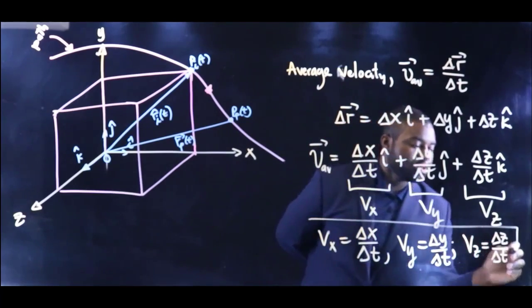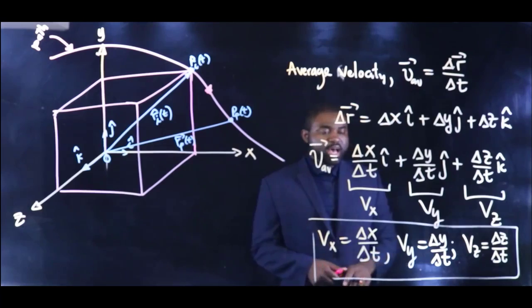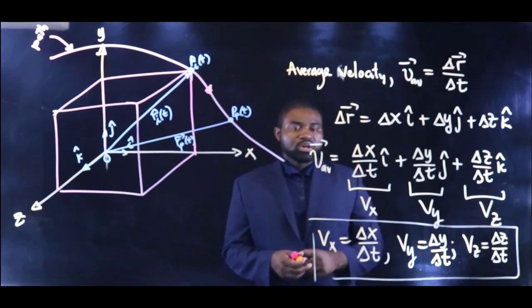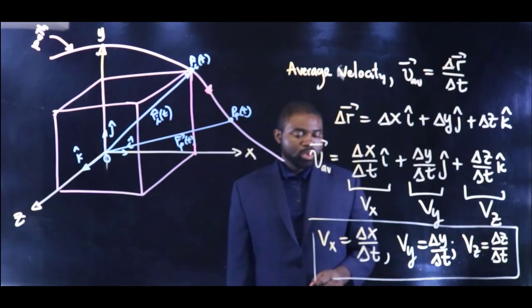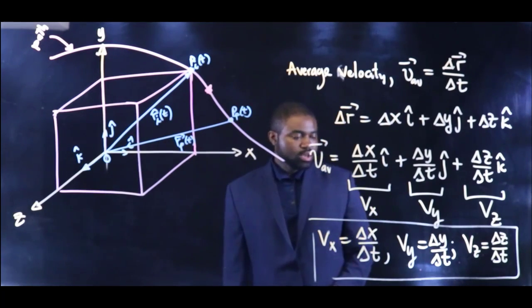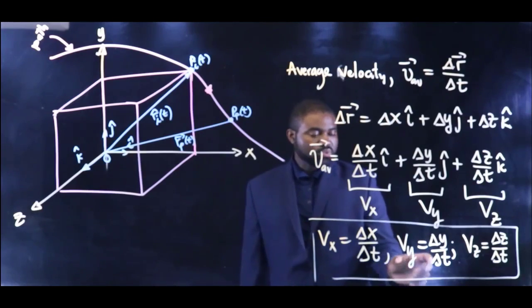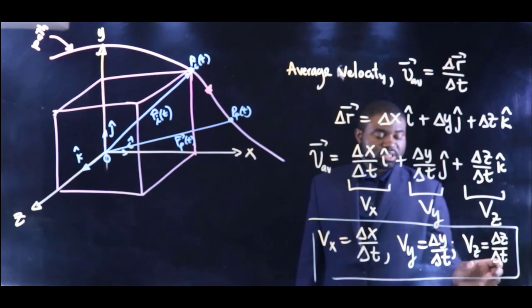So the beauty of this process is that we can actually break down a vector such as the average velocity into the velocity in the x direction, which is a scalar, a velocity in the y direction, which is a scalar, and the velocity in the z direction, which is essentially a scalar.